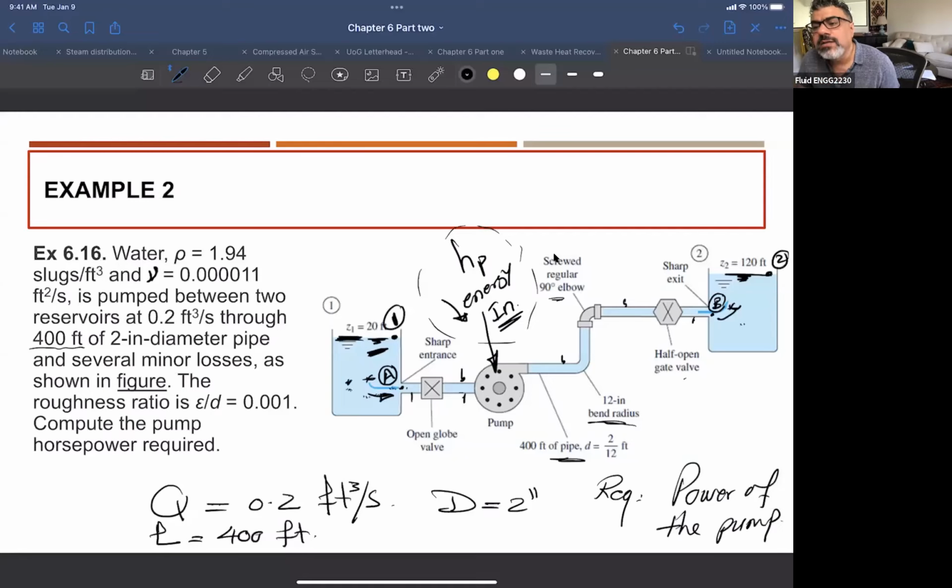In this case the pressure is 0. You can do the same with this point 1 and this point 2, that's fine, because it's one point inside the tank that happens to be at the surface of the tank. Now the pressure is 0 and P2 is also 0. Now the Z is 20 and the Z here is 120, and then the velocity is 0 here and 0 there, right?